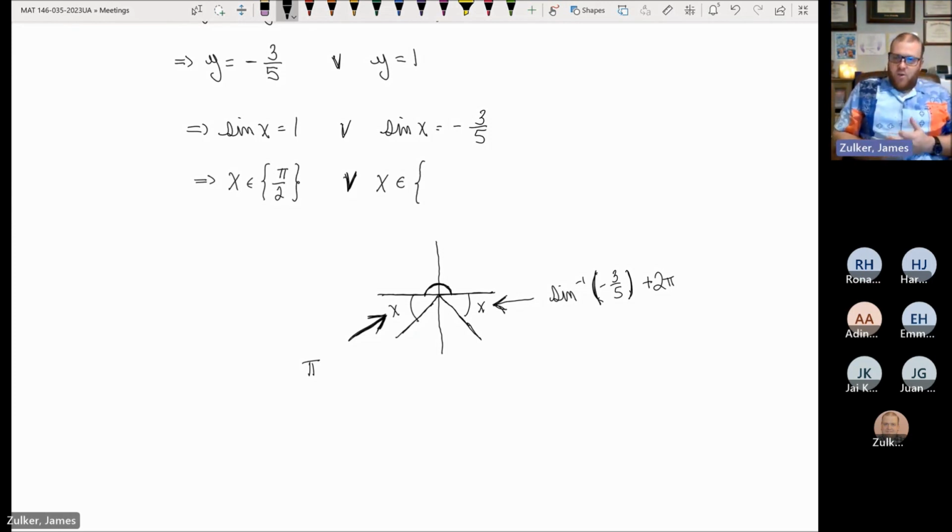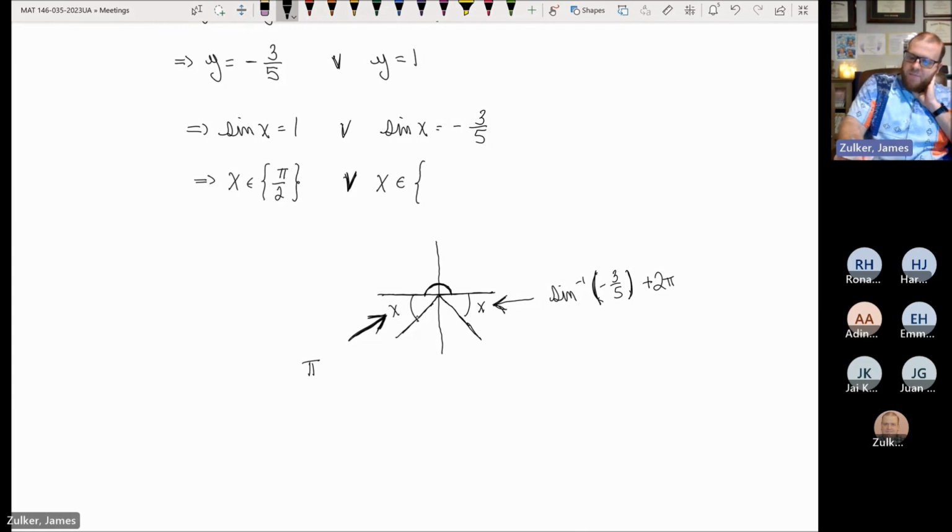And we also know that the inverse sine is negative. So let's just say it's negative pi over 4.